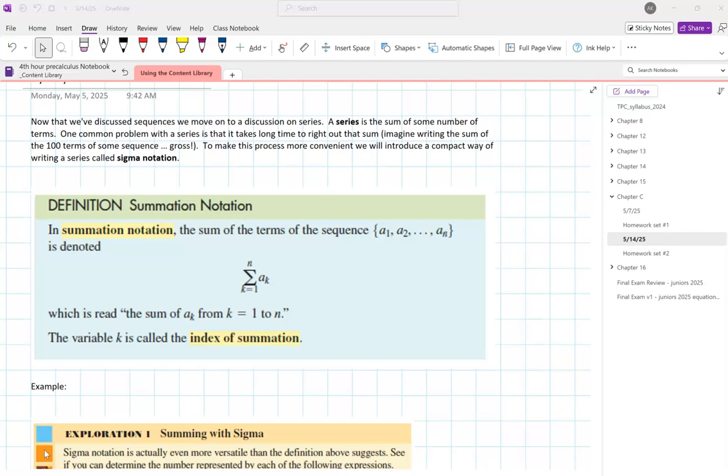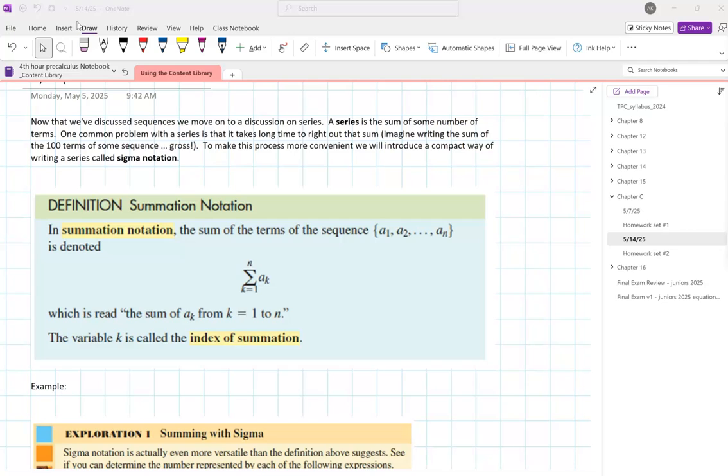We had been talking about sequences last time. Today we're going to talk about the series. A series is basically just what you get if you add up some number of terms from a sequence.